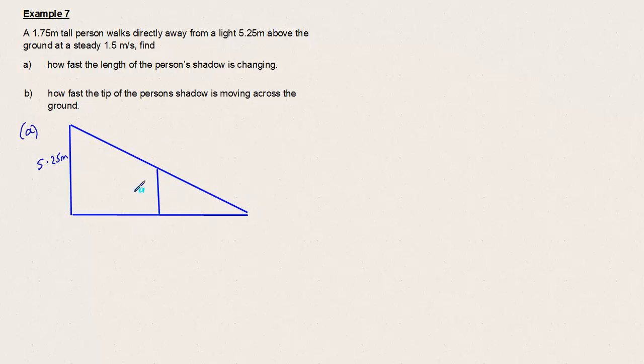So they are 1.75 meters tall. And let's say that the distance here is x, and let's call this distance y. So x is the distance of the person from the lamppost, and y would be the length of the shadow cast.